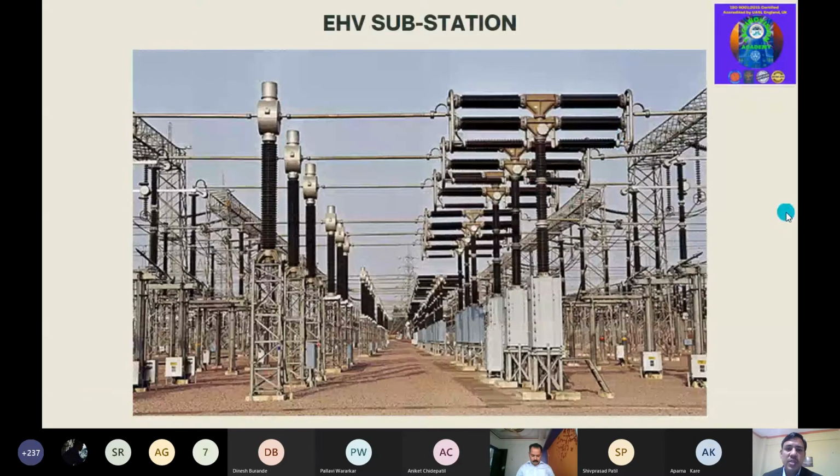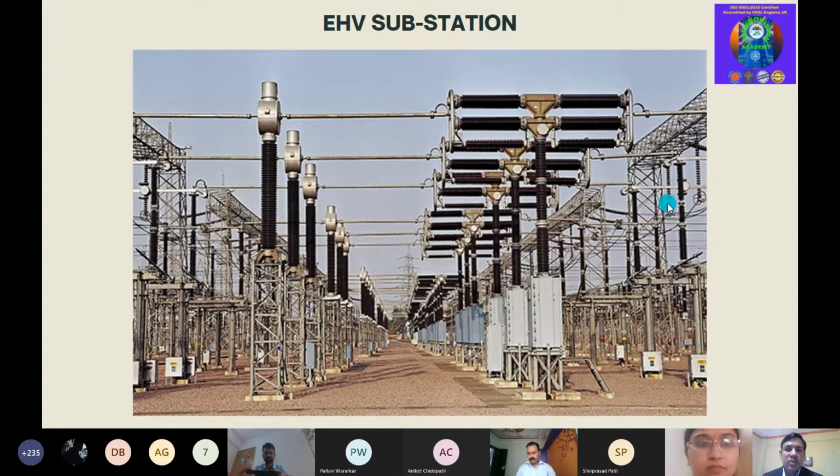Now, EHV substations. These are extra high voltage substations where there are so many arrangements: single bus arrangement, double bus, 3-bus system. There are gas insulated substations. There are 1.5 breaker scheme substations also.